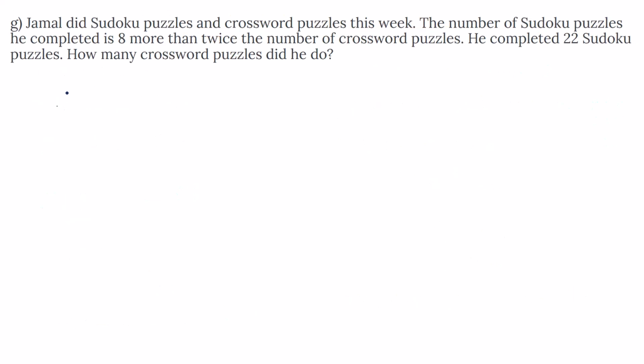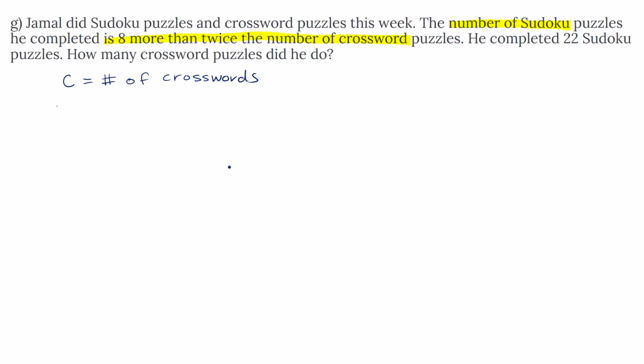In this question, we're looking for the number of crossword puzzles that Jamal completed. So let's set our unknown variable of c equal to the number of crosswords. You'll see that they told us that the number of Sudoku puzzles is 8 more than twice the number of crosswords.